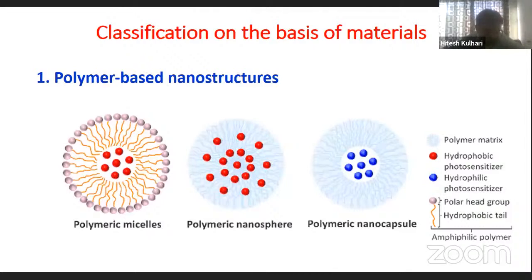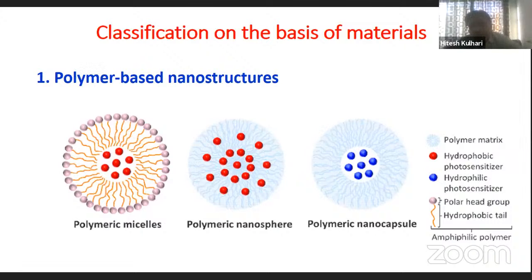Next is the classification on the basis of materials. We can also classify nanomaterials or nanostructures on the basis of the materials by which they are made. For example, the first class may be polymer-based nanostructures. So we use polymers for making nanostructures.